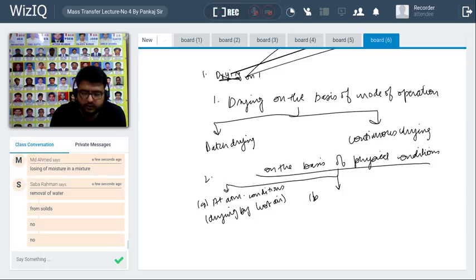Second, vacuum drying with indirect heating. And third one is the freeze drying.